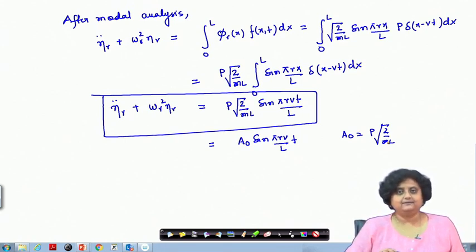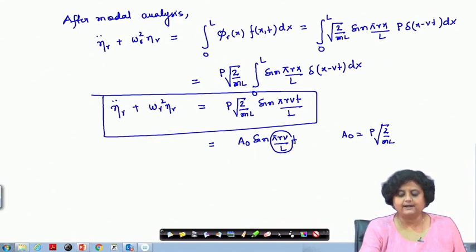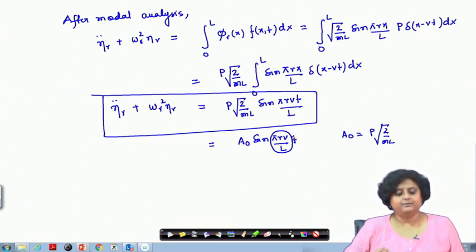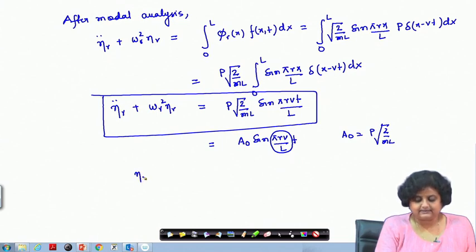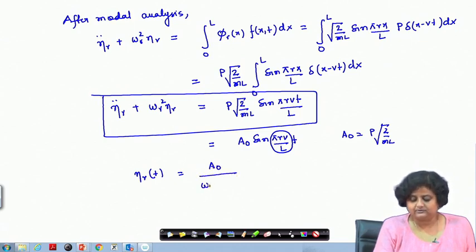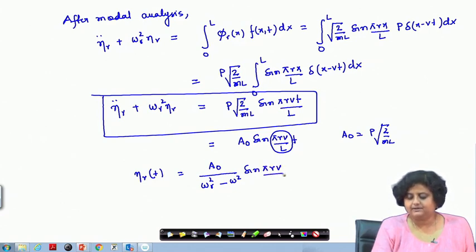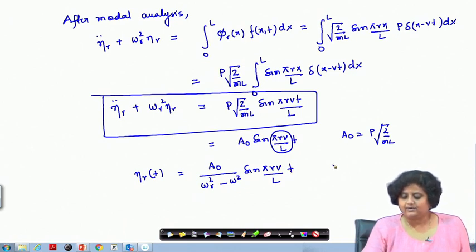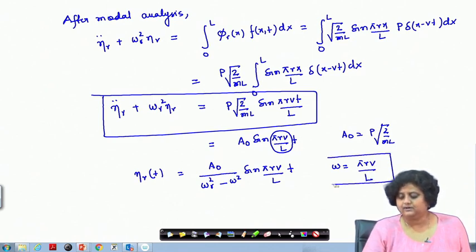The right hand side is nothing but a sinusoidal or harmonic loading with a frequency of pi r v by L. And we can solve this problem exactly in the same way as we solved the previous problem using harmonic analysis, and eta r t is going to be a 0 by omega r square minus omega square into sine of pi r v by L into t, where omega is pi r v by L, which is the driving frequency or the excitation forcing frequency.